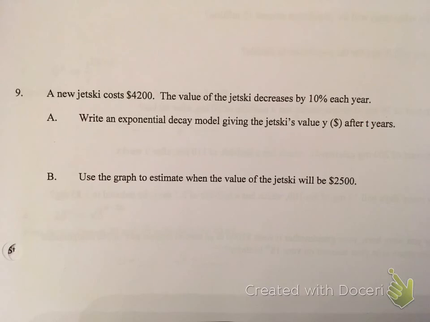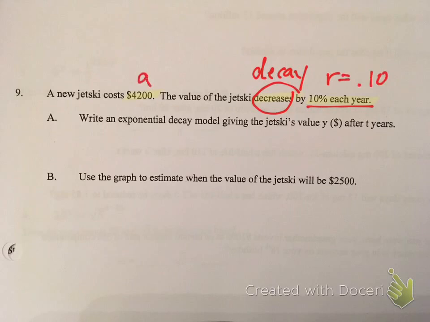Then number 9, a new jet ski costs $4,200 and the value decreases by 10% each year. Decreases right here tells me that it's going to be a decay. 10% would be that R is equal to 0.1, and 4,200 would be my A value.